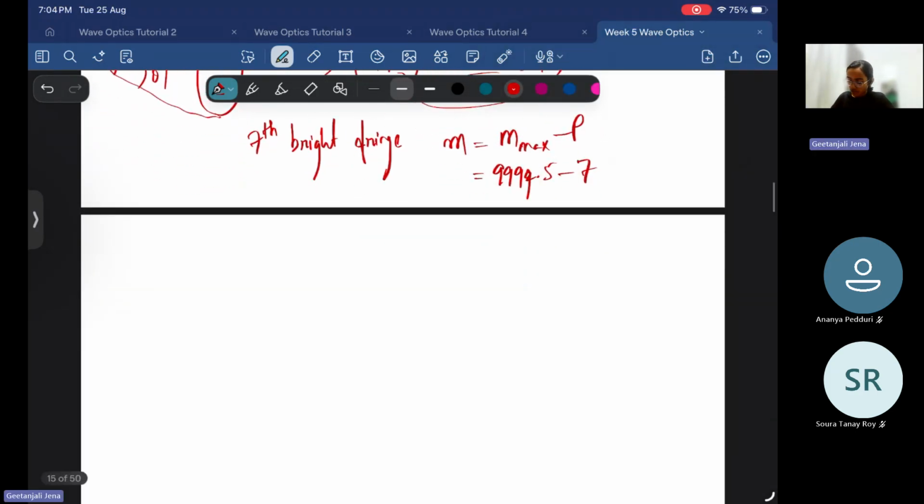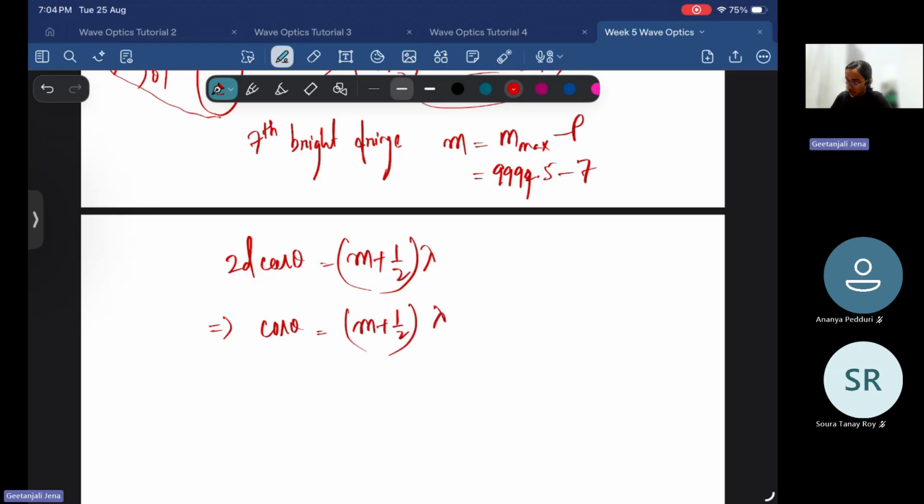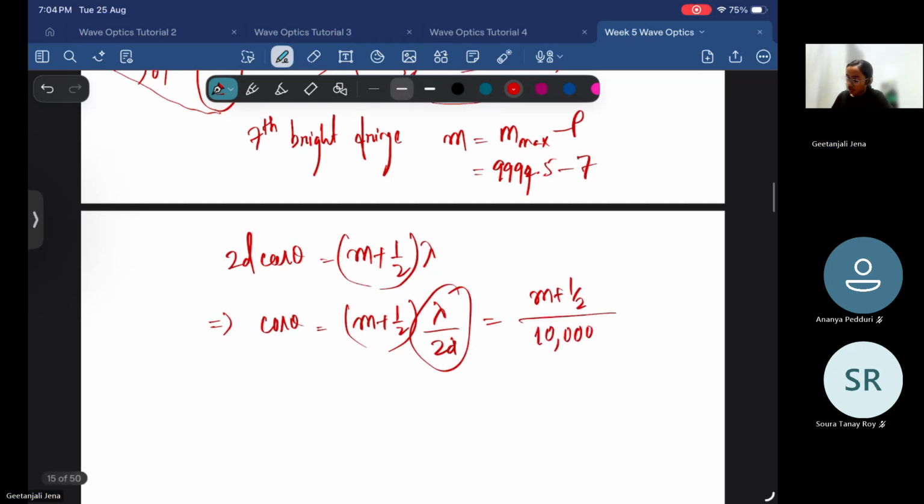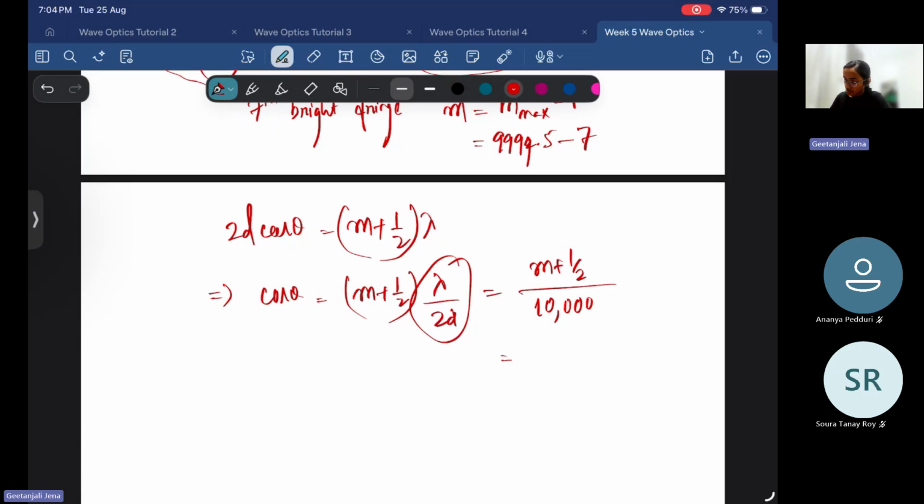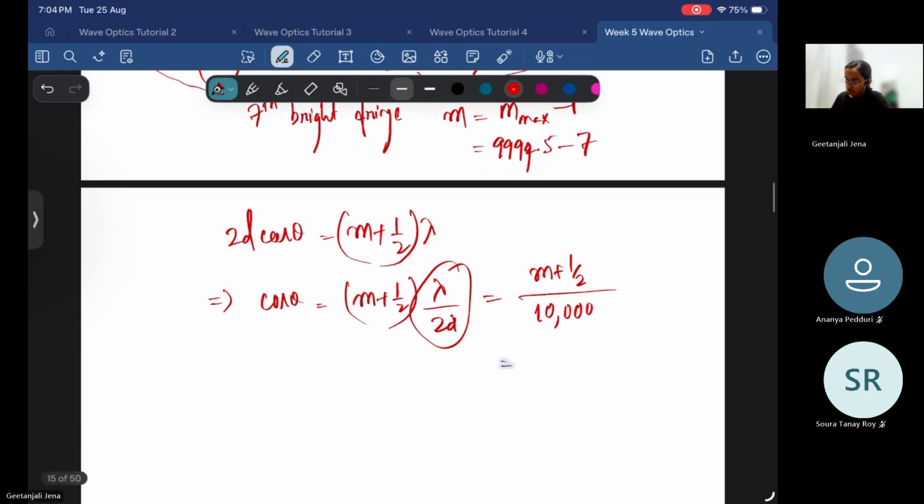Now for the 7th bright fringe, we can use 2d cos theta is m plus half lambda. Cos theta is m plus half lambda by 2d. So lambda by 2d we have calculated, this is 10,000, and m plus half will be 9993.